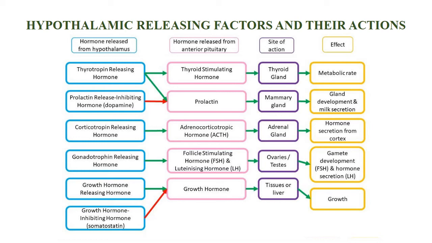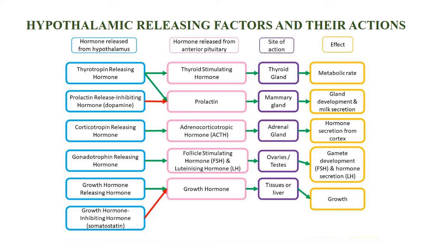Thus prolactin release inhibiting hormone is released from the hypothalamus and targets the anterior pituitary, thereby stopping the secretion of prolactin. Therefore, in the absence of prolactin, there will be no gland development and milk secretion in non-pregnant women.